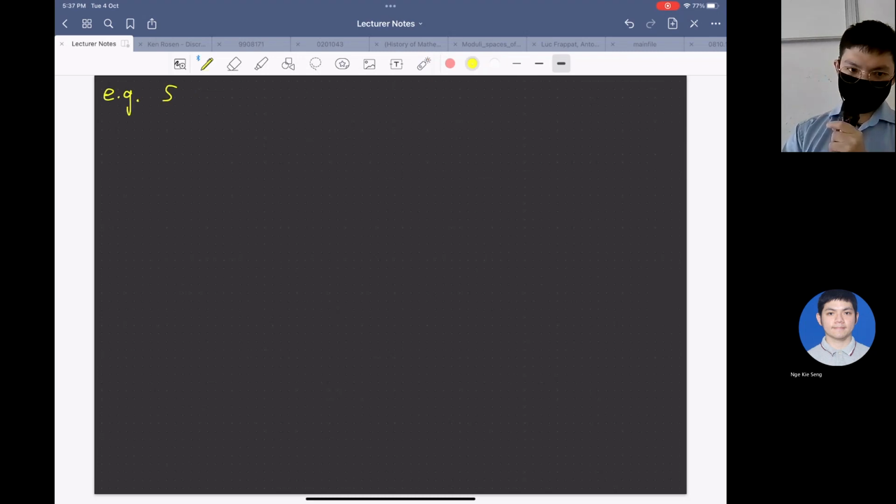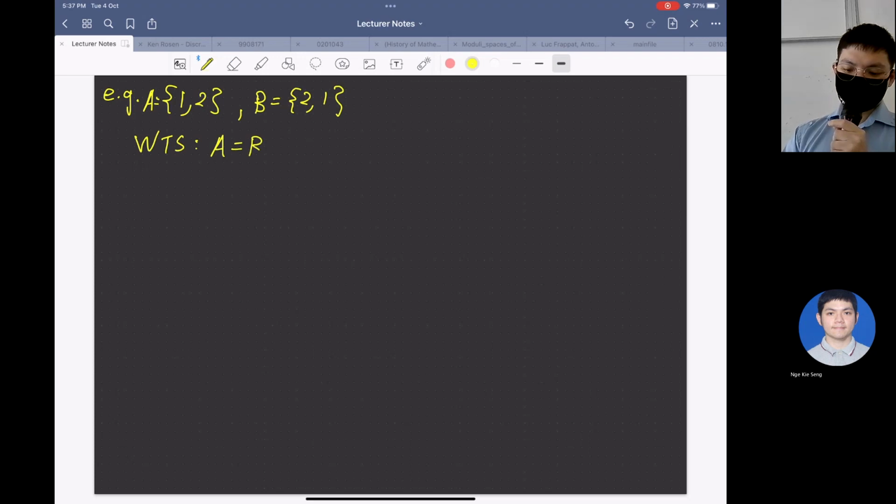We want to see whether these two sets, this is A, this is B, are the same. Yes. Want to show A equals B.